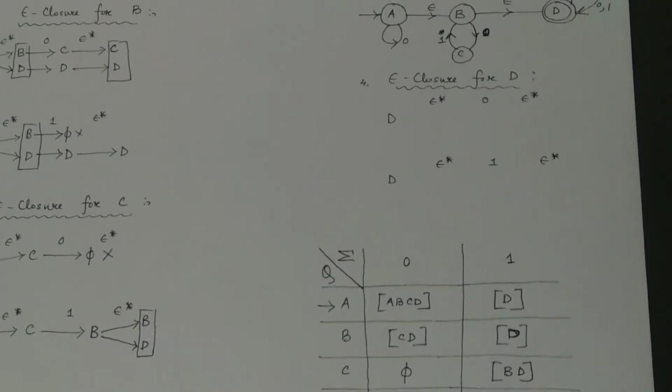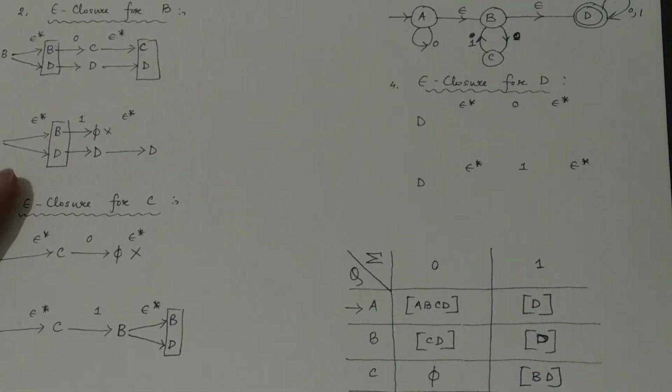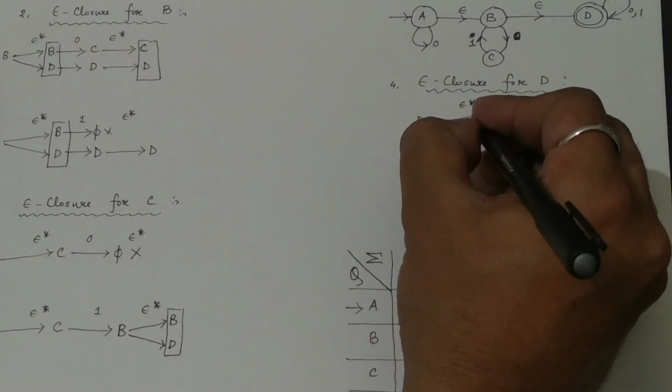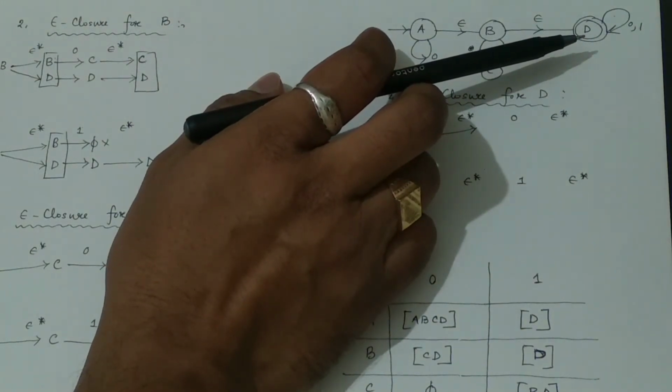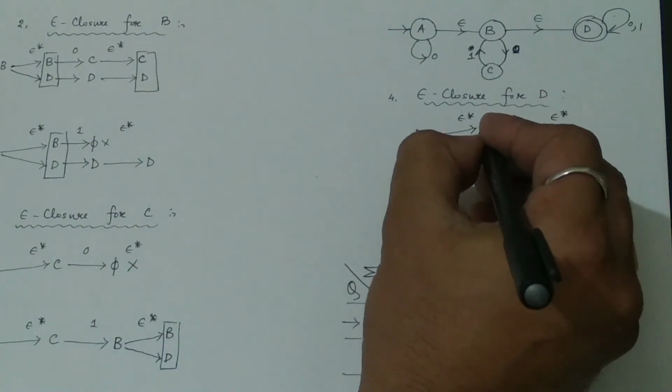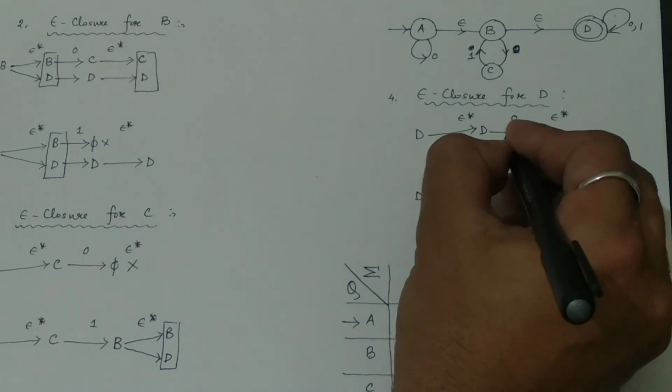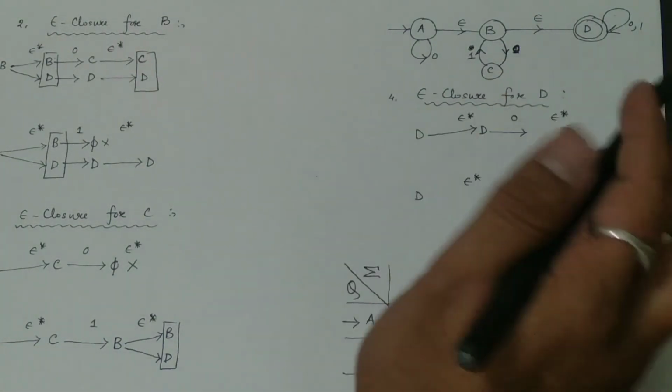Clear? So finally, I am left with only one epsilon closure, that is for D. D on epsilon. Is there any epsilon transition for D? No, there is no epsilon transition for D. So D on epsilon goes to itself. D on 0 goes to itself.